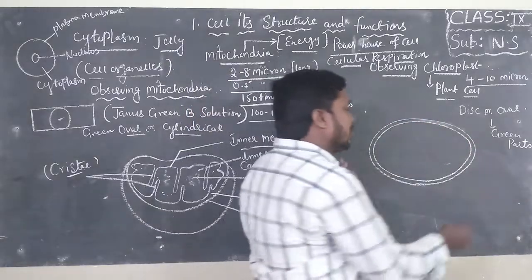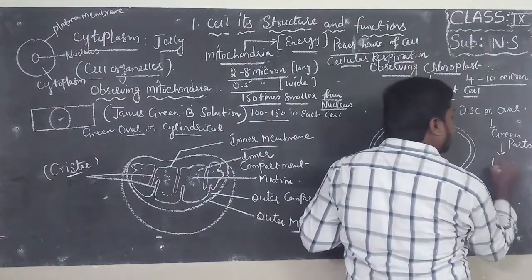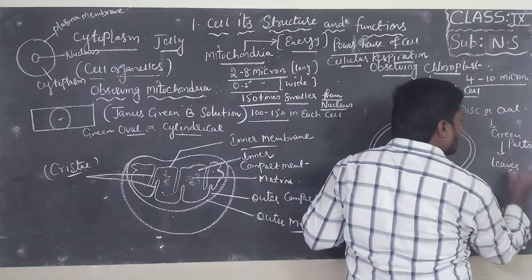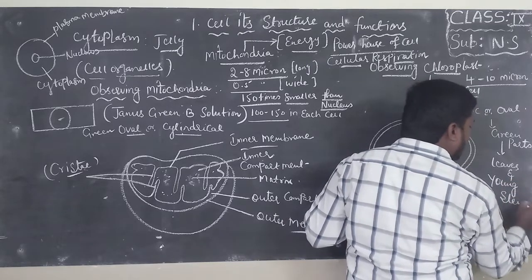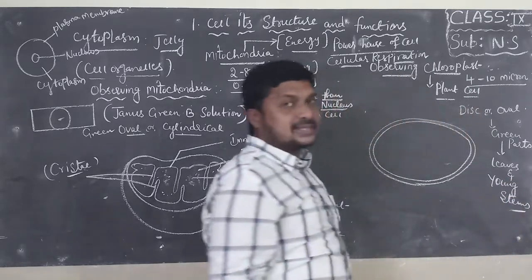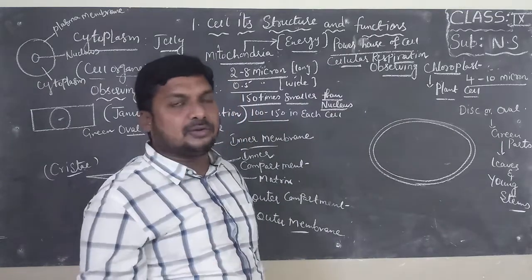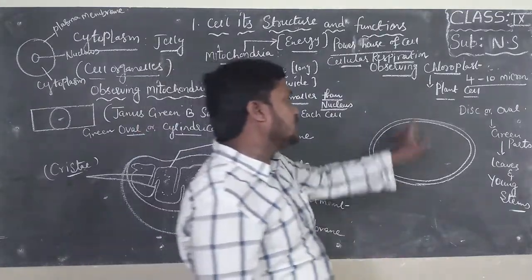Where are the green parts present? In leaves and green stems. They are green in color because of the presence of chloroplast.